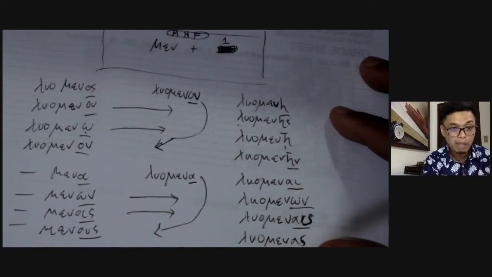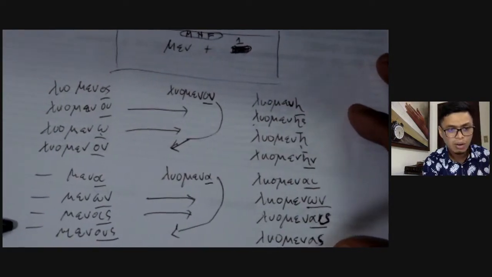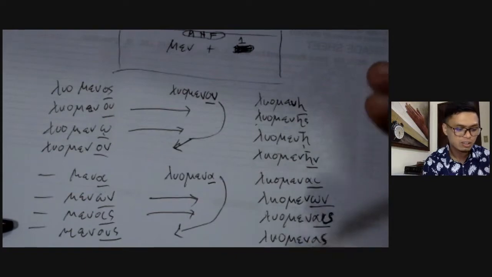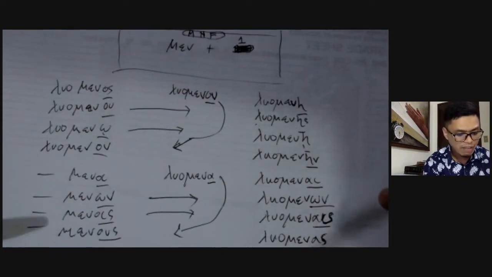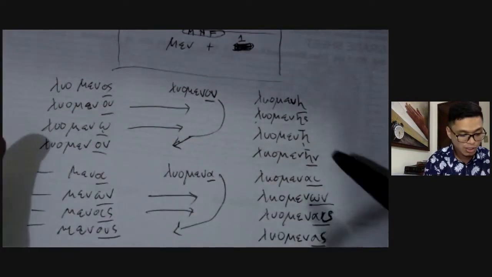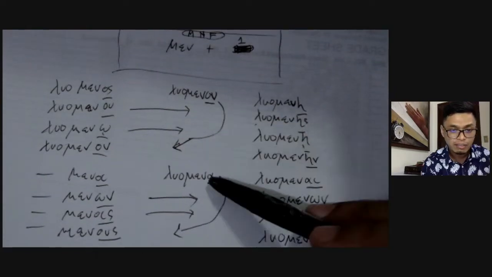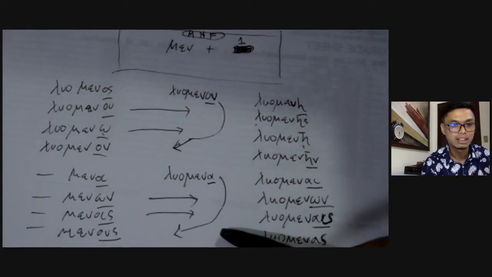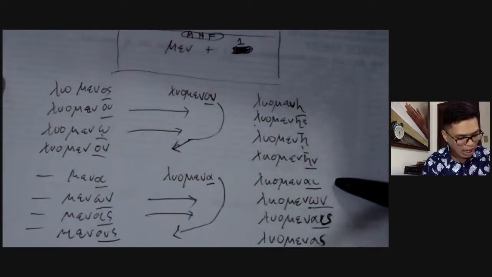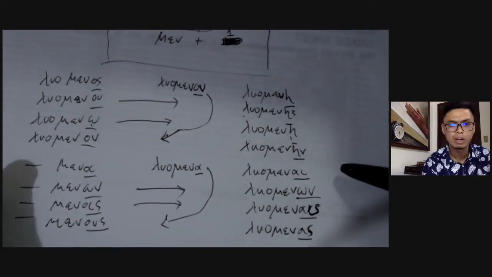Luo, men, nus. See? All of these, they just follow minimum 1. Even for the neuter. Very easy to memorize. And for the feminine, same. A, as, a, an, ai, on, ais, as. Already memorized this. This is from minimum 1.